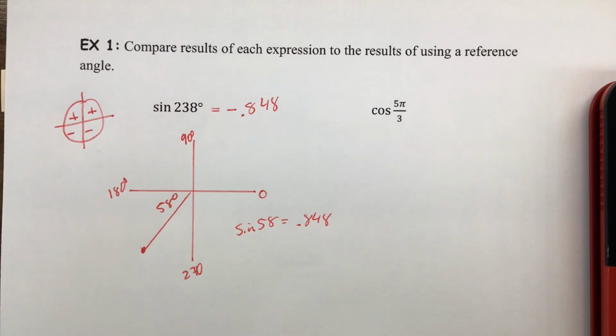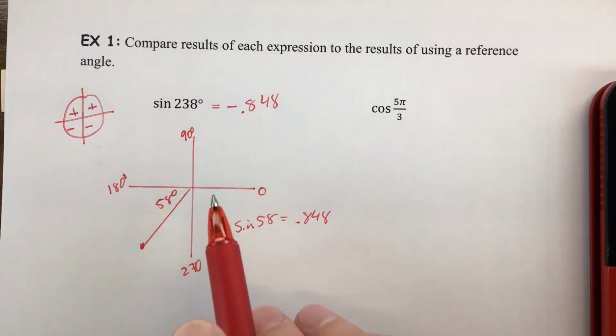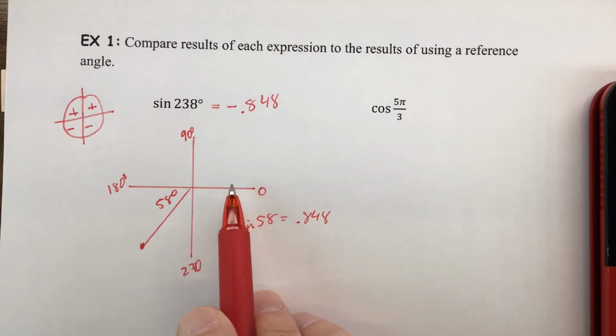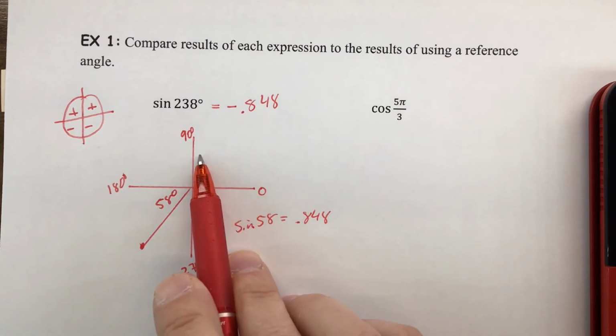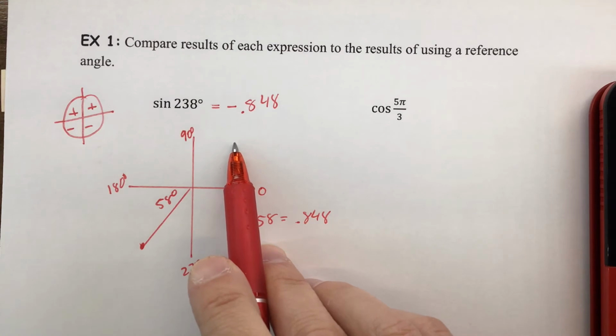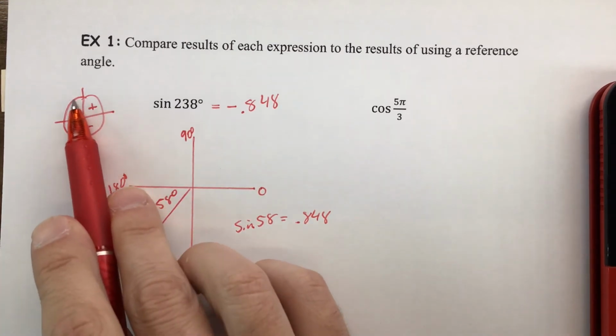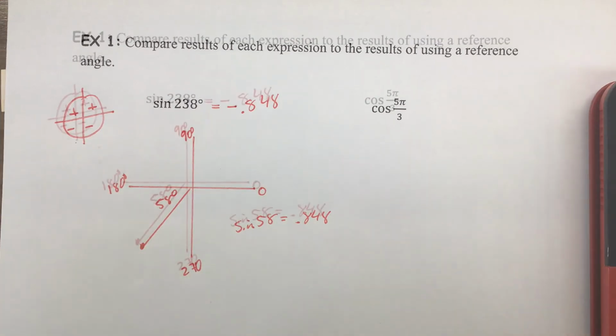So maybe we can summarize it this way: if we can figure out every angle that ranges from 0 to 90 degrees, we can then just transfer that information to the other 3 quadrants, with the caution that you need to know where you're positive or negative.